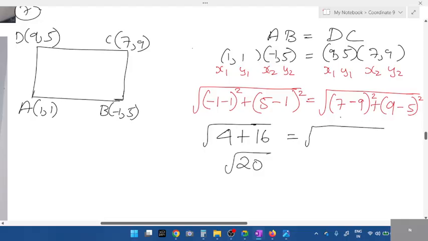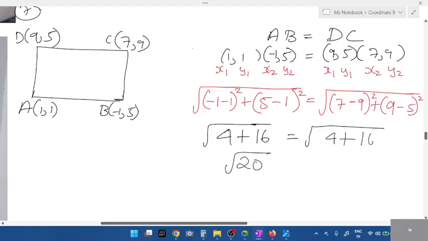And this side, what is 7 minus 9 square? How much is 7 minus 9? Minus 2. So how much is minus 2 square, students? And one more thing, they will definitely be equal. So if you get 4 plus 16 here, what do you write here?